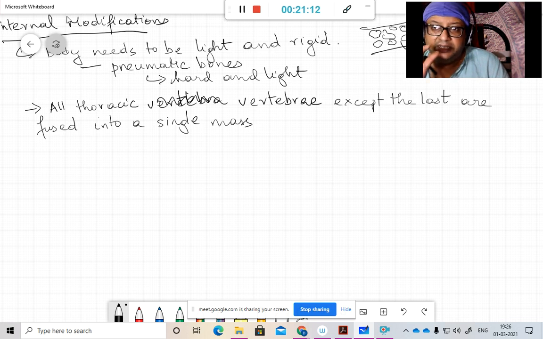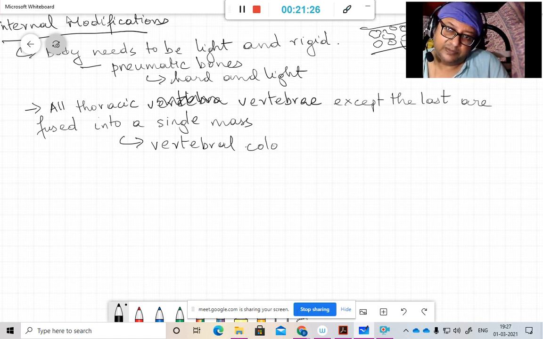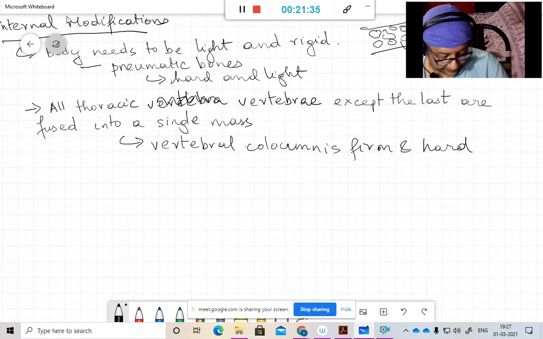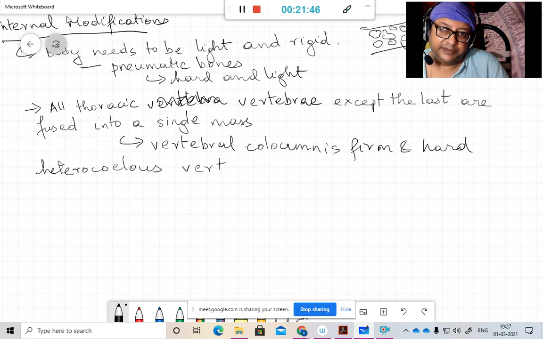All the vertebrae except the last one are fused into a single mass, and the result of this is the vertebral column is firm and hard. Then they have got a type of vertebrae I will explain later. This is heterocoelous vertebrae. It's good for flight.